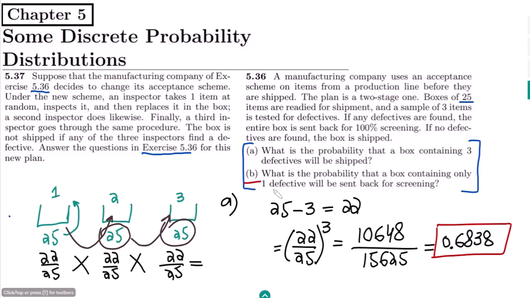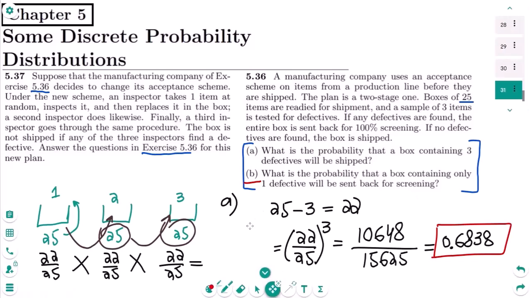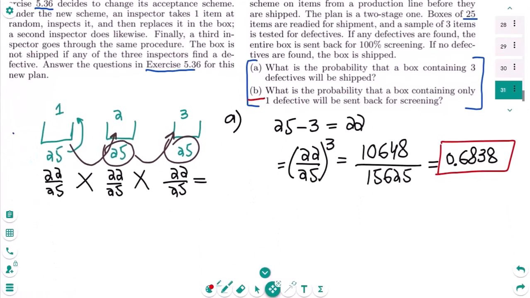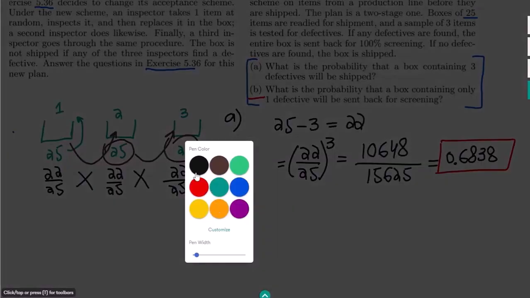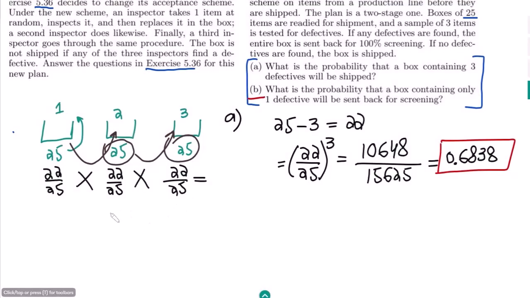In part B of my question, what is the probability that a box containing only 1 defective item will be sent back for screening? Following the same procedure, if it contains only 1 defective item, the non-defective items would be 24.